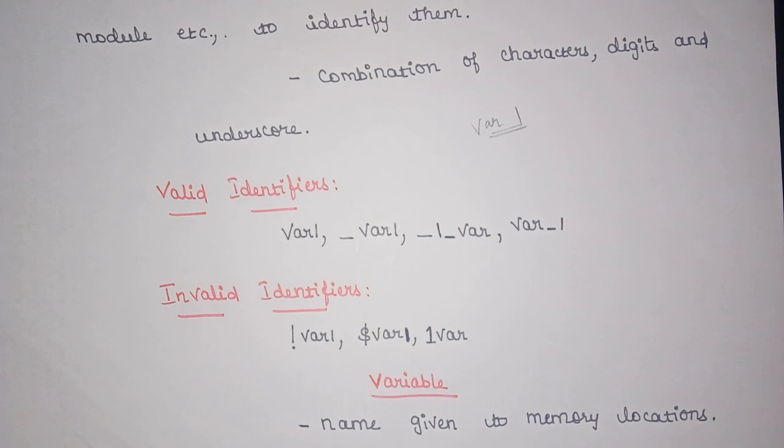That value can be of any type: an integer value, a character type value, a floating type value, or a string type value. Whatever the type of value, a variable is used to hold it, and the name is given to refer to a memory location.